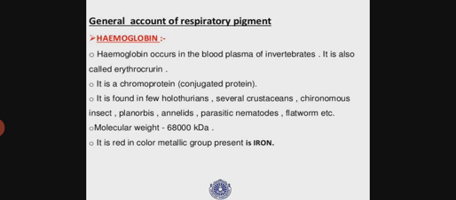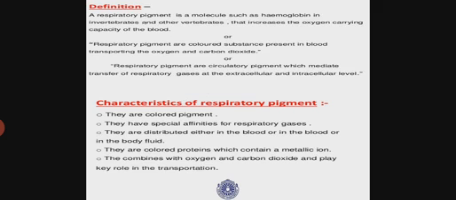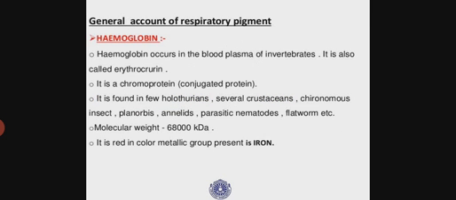First, let me start with hemoglobin. Hemoglobin occurs in the blood plasma of invertebrates, and it is also called erythrocruorin by some authors.